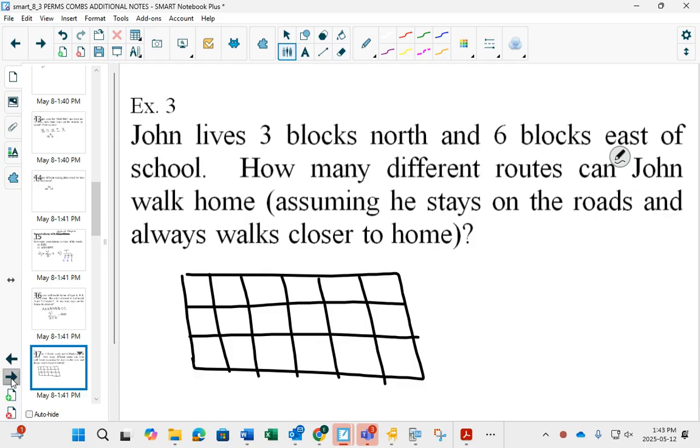And on this grid, he lives northeast, so this is his home right here. That means his school is right there. He is walking home. How many different ways can he get home if he always goes closer to home?